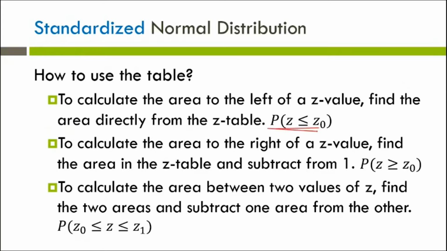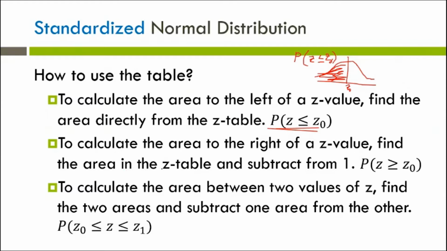Next, if this is our z, which we denote z sub 0, this shaded portion here is your P(z less than z sub 0). So to get its probability, you just get what was stated in the table.